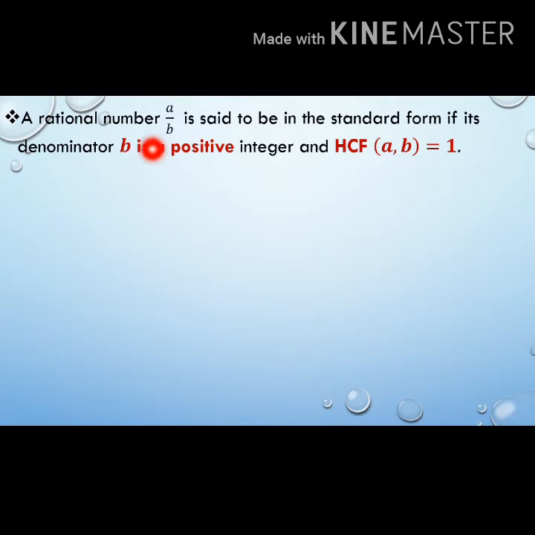A rational number a by b is said to be in the standard form if its denominator b is a positive integer and HCF of a comma b is equal to 1.